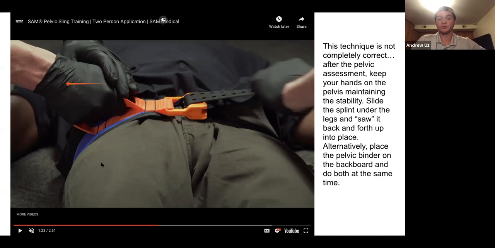So there's a few options here, but the technique where the patient's on the backboard and the pelvic binder is positioned underneath them is by far the most common way to do it. That's the one way they specifically say to do if possible in the protocols. Once we have this pelvic binder in place under the patient's hips, we're going to fold the sides up, and then lace the strap through the buckle.